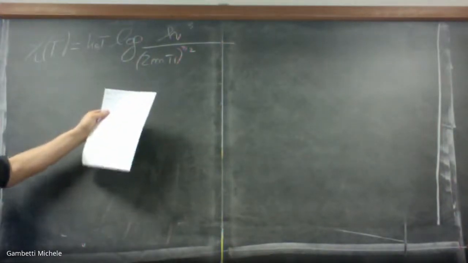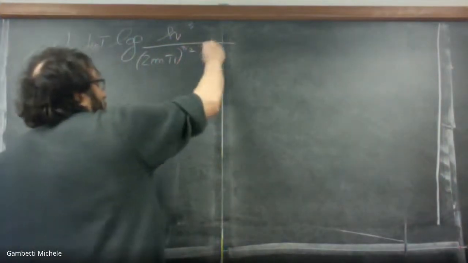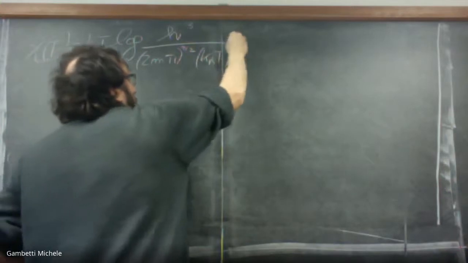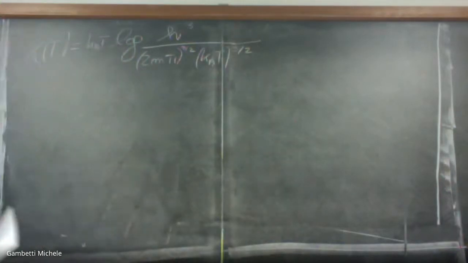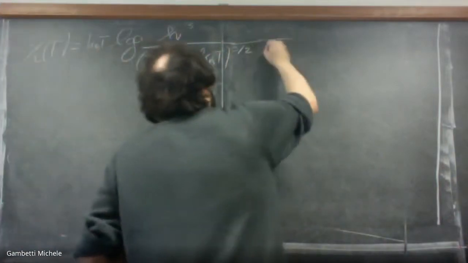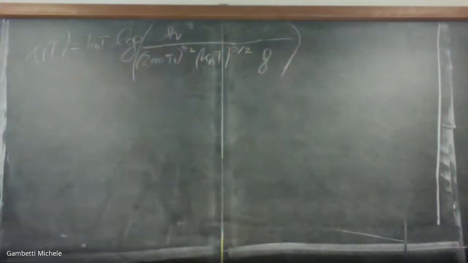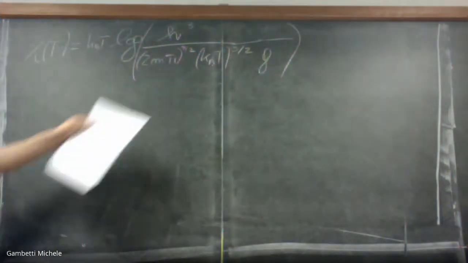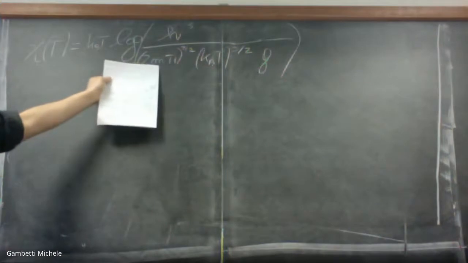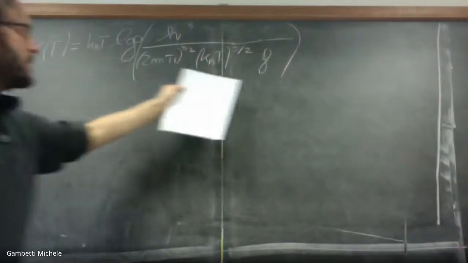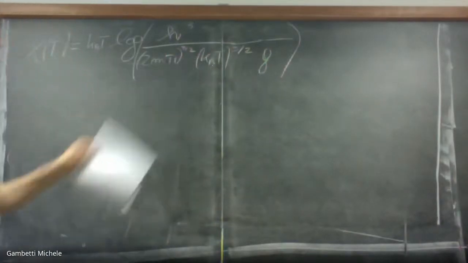Therefore, I have kBT to the power of 5/2. And now we know also that there is a degeneracy, G. So this is the general formula in which I can explicitly see the two constants that characterize my particle, my gas: degeneracy and mass.